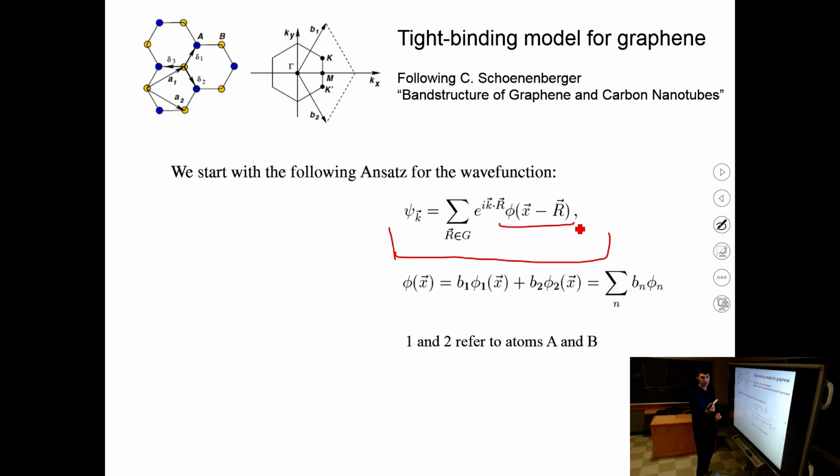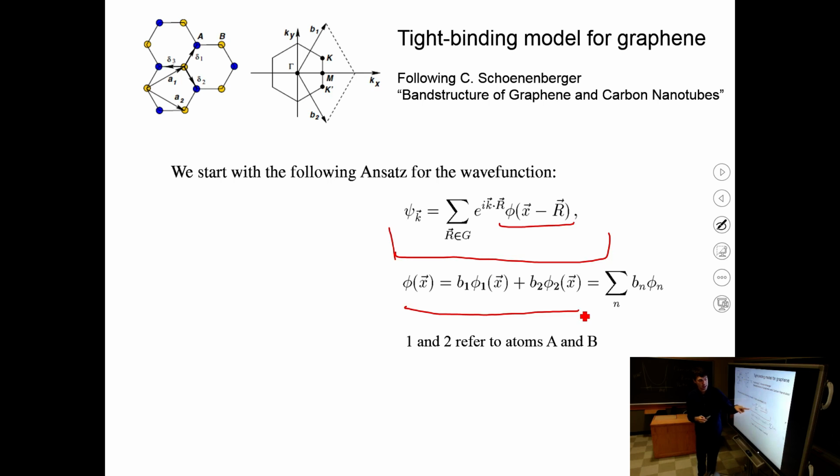So what is this function phi? We are going to say that it is a function that includes a probability to be on atom A or probability to be on atom B, which are going to be phi 1 of x and phi 2 of x. So these two functions will have peaks at the position x1 of the first atom and a position x2 of the second atom.